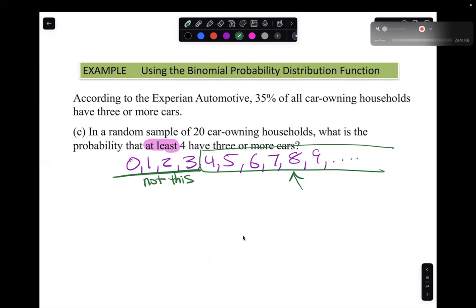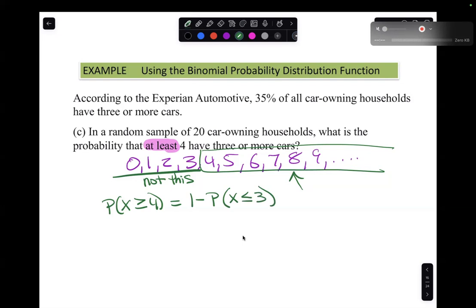So the probability that X is greater than or equal to 4 equals 1 minus the probability X is less than or equal to 3, because it's not 3 or less.